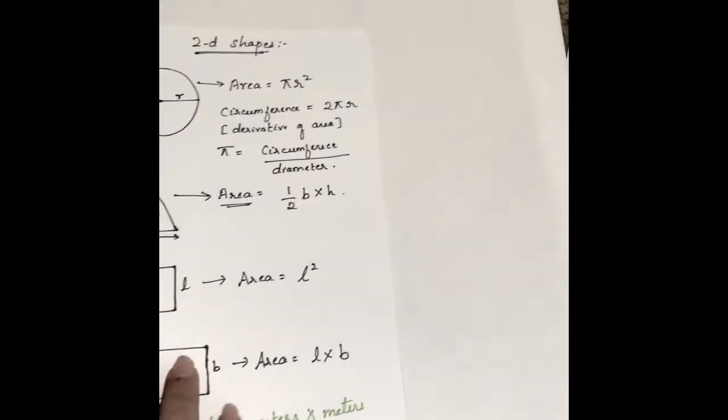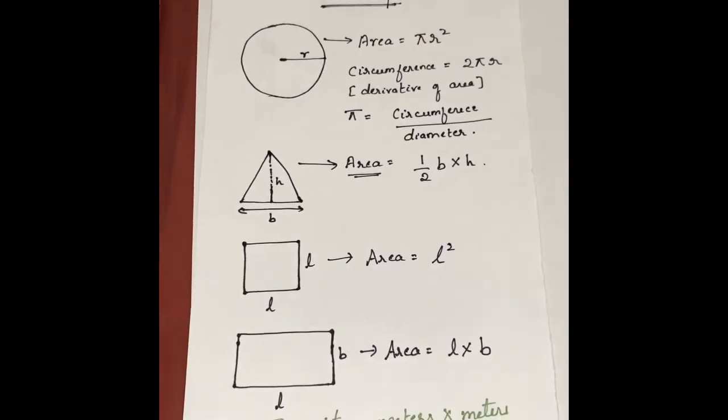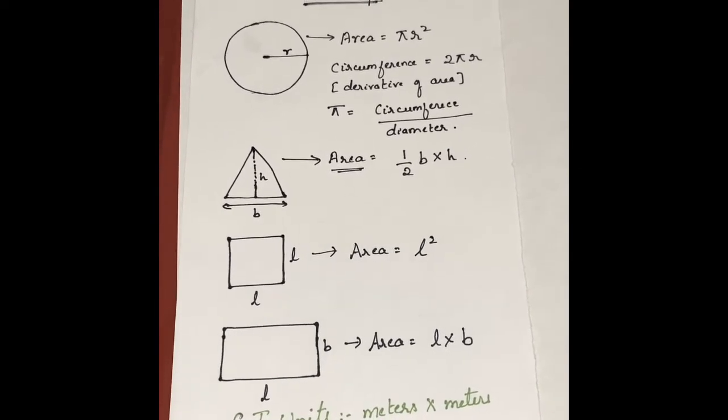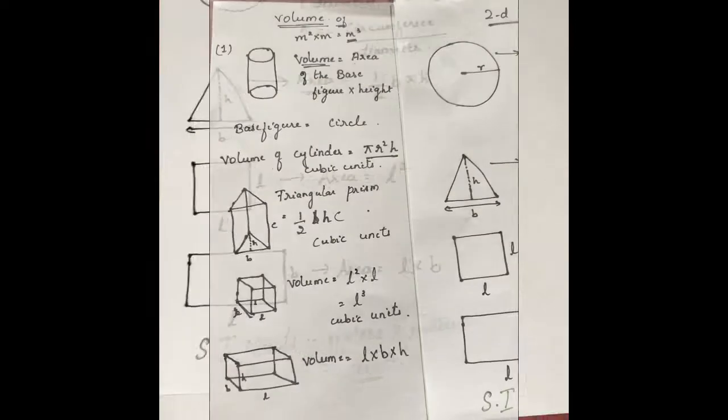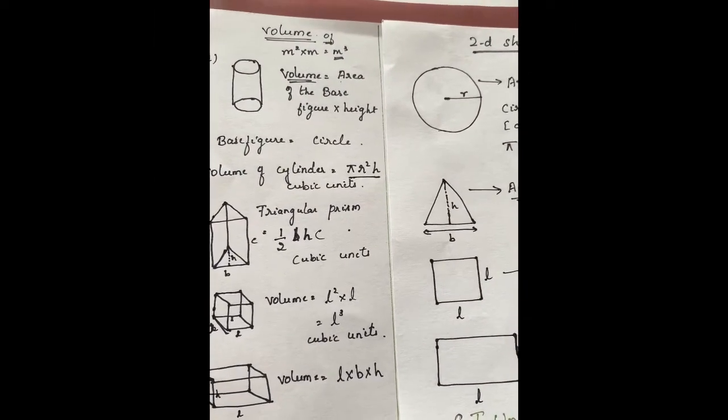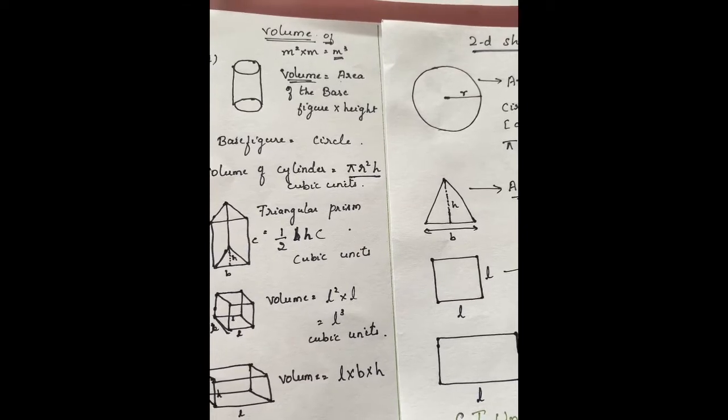How can you derive the volume of three-dimensional shapes using two-dimensional shapes? I'm going to show you now. Suppose you want to find the volume of a cylinder using the area of a circle.